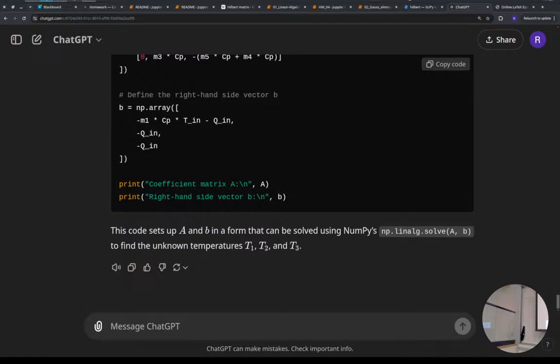In room 1, all the heat that's going into it is a combination of T_in and Q. But rooms 2 and 3 only have Q. Why is that?